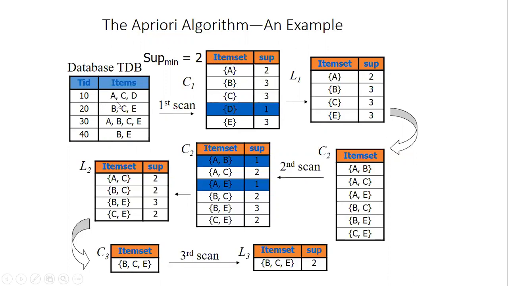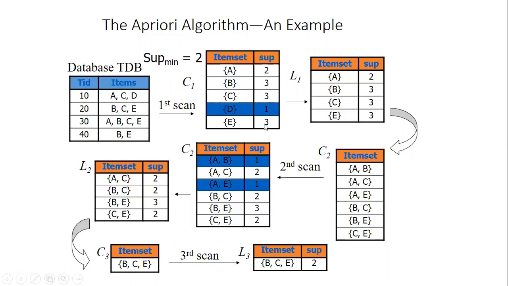Here 2. How many times is B occurring? 1, 2, 3. 3. How many times is C occurring? We find each item's support count and check it against the minimum support threshold. Is there any item with less than the minimum support threshold?